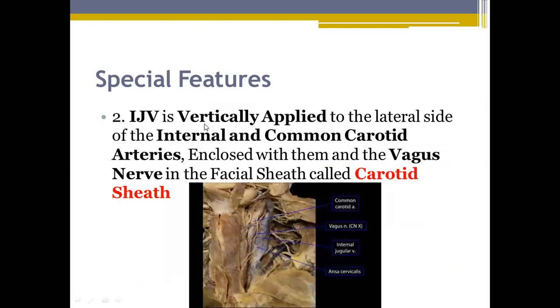What are the special features of the internal jugular vein? Internal jugular vein runs vertically on the lateral side of the internal and common carotid arteries. Enclosed with them, the vagus nerve in the fascial sheath called the carotid sheath.